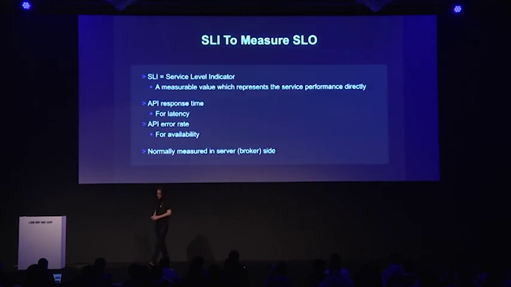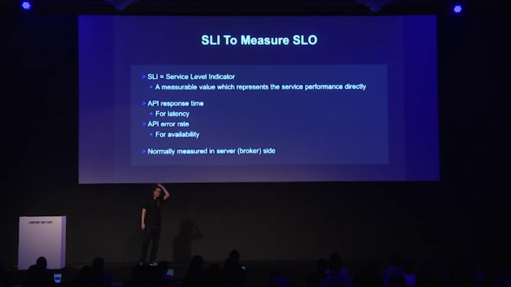The first is the SLO visualization. In order to set SLO, you need SLI, or service level indicator. SLI has to be very simple, explicitly representing service performance. Most commonly used SLIs are API response time and API error rate.